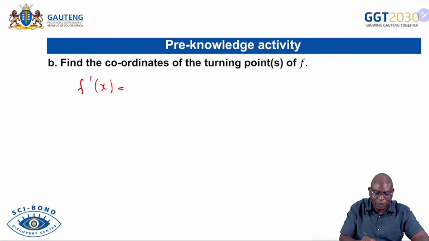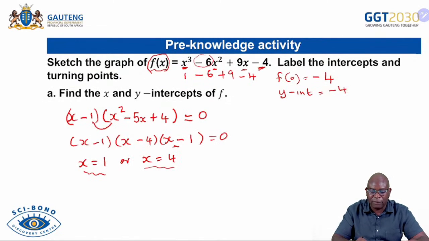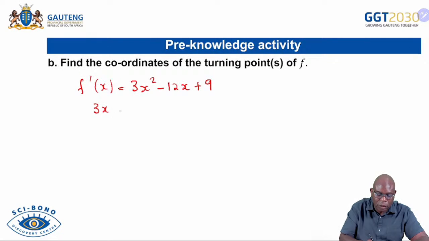So when we derive that, we get 3x squared minus 12x plus 9. So remember the function that we had there. If I derive, I'll have 3x squared minus 12x plus 9. Then minus 4, we get a 0. So from there, I'm going to take this one and equate it to 0.